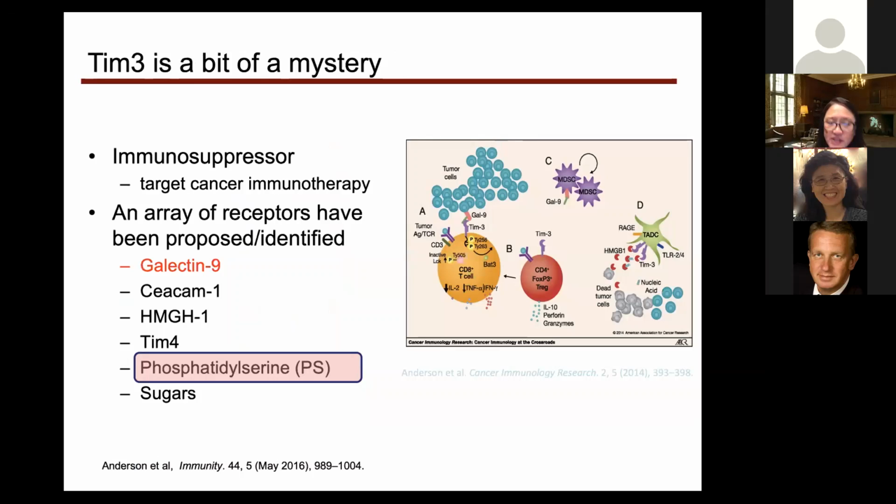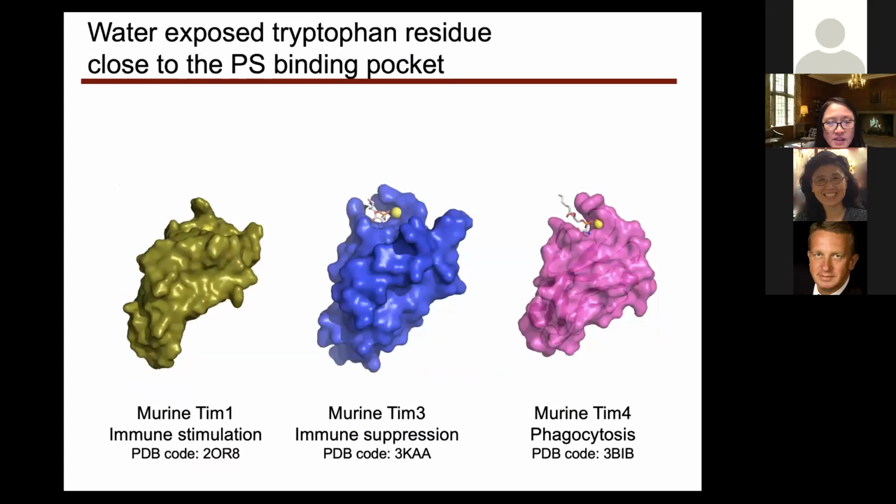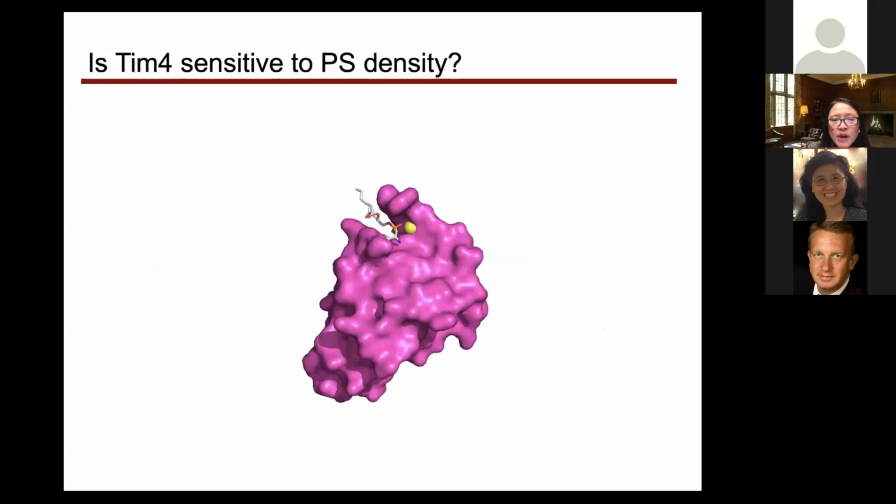But what we understand is that it does seek out surfaces and bind, just like its cousins TIM1 and TIM4, with a surface that is presenting a negatively charged phosphatidylserine. This shows the three crystal structures of the murine TIM1, 3, and 4, and this is the binding pocket that we're talking about.